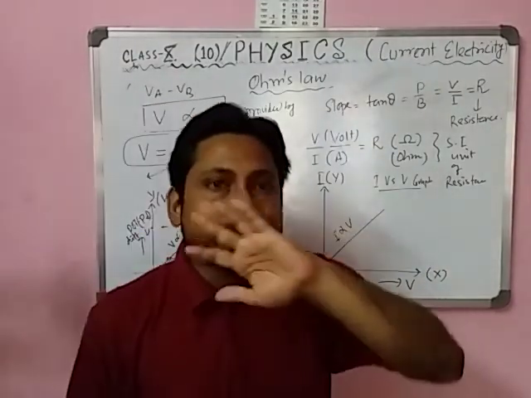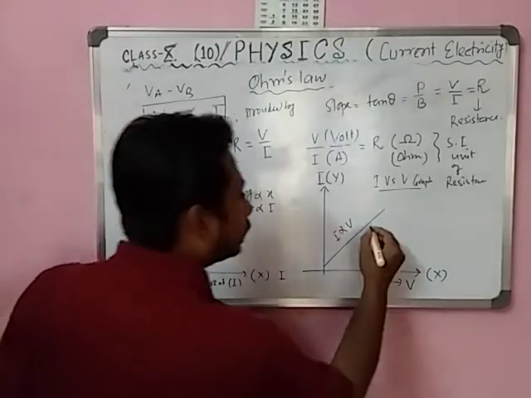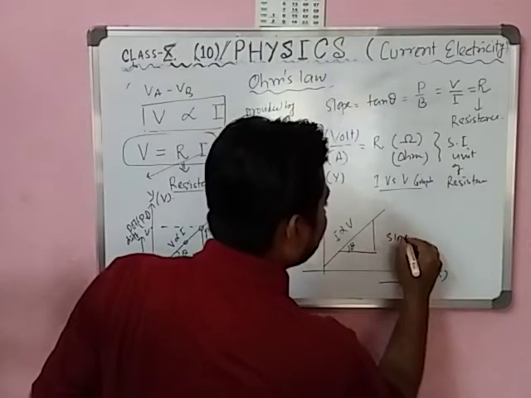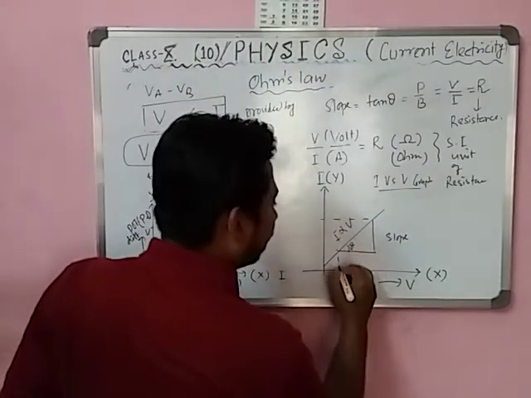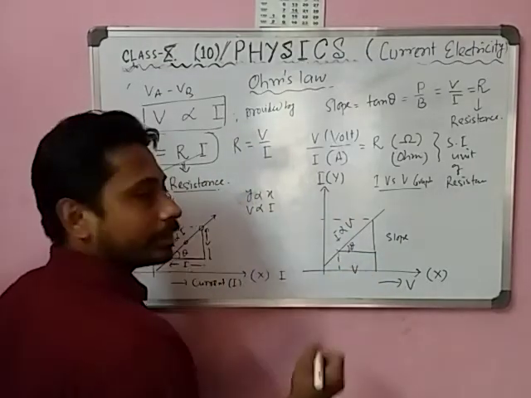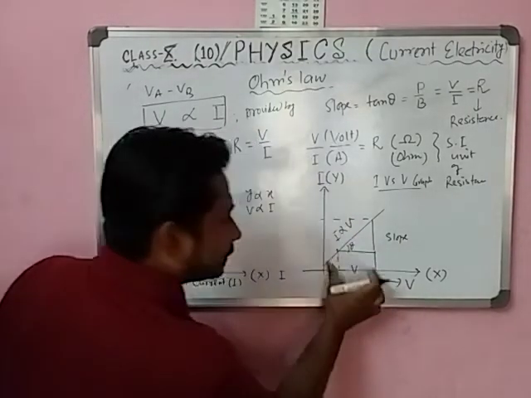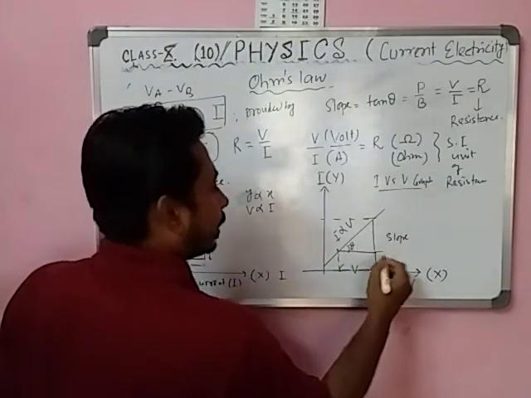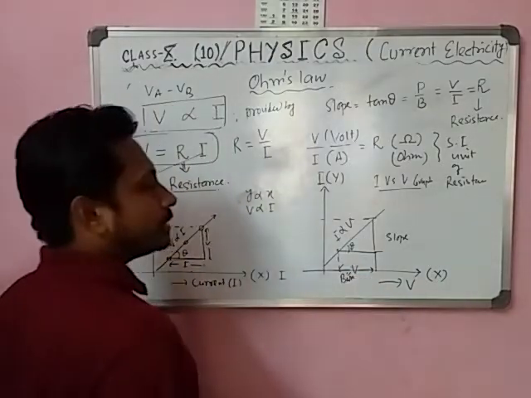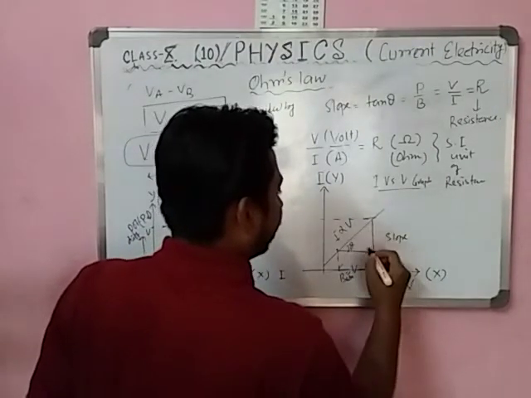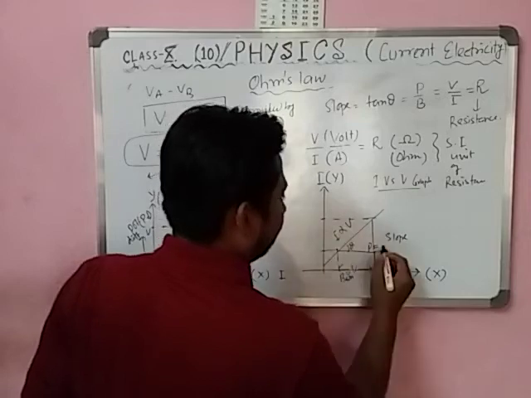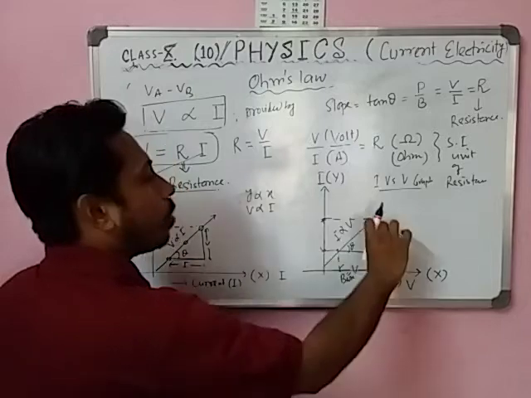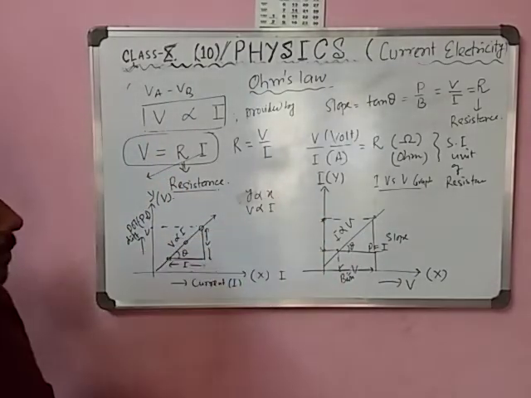But the difference is in the slope, which is perpendicular by base. Base means the x-axis, so it gives V, and the perpendicular, parallel to the y-axis, gives current.